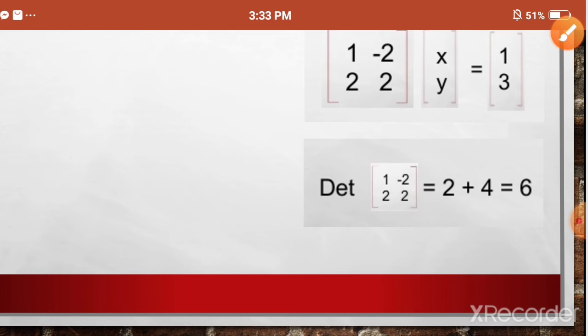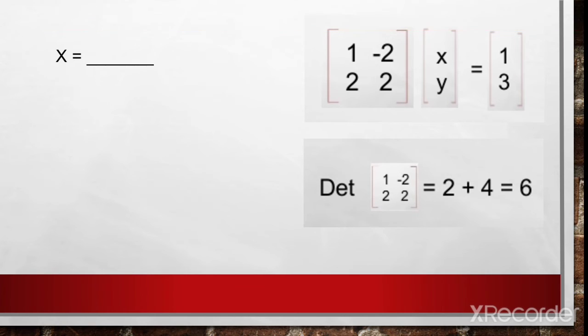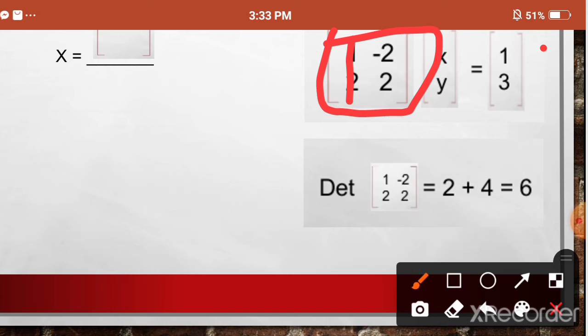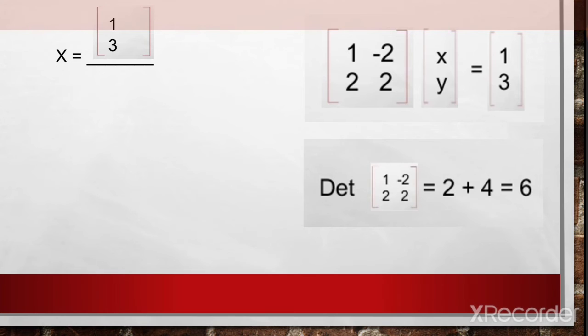First is the value of x. In finding the value of x, just replace the first column with the elements in our third bracket. So we have 1, 3, and negative 2 and 2, over the value of our determinant, 6. Copy the 6 and find the determinant of the given matrix in our x.